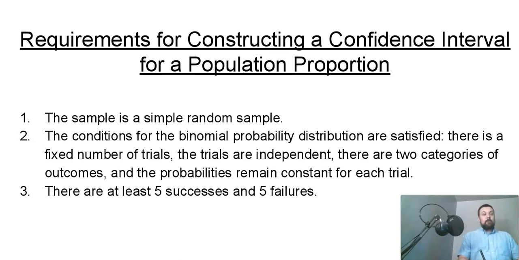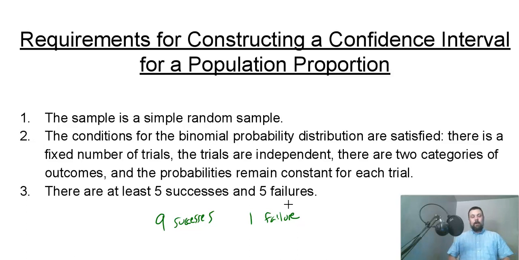So for example, let's say I'm collecting 10 things from my population. My sample size is 10. And let's say of those 10, 9 of them are successes. If I could spell. Which means 1 of them is a failure. So if I say, let's have a sample size of 10, and I collect my sample, and I get 9 successes and 1 failure, I have not met the third requirement.